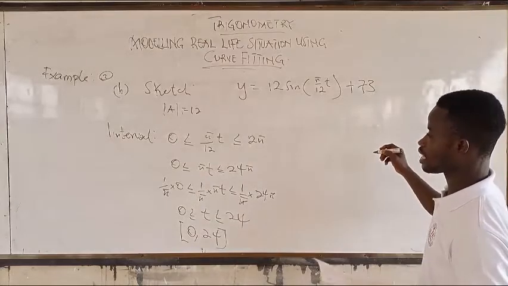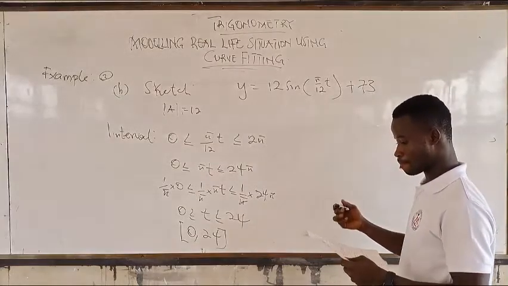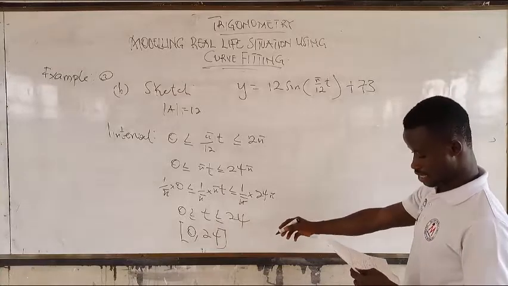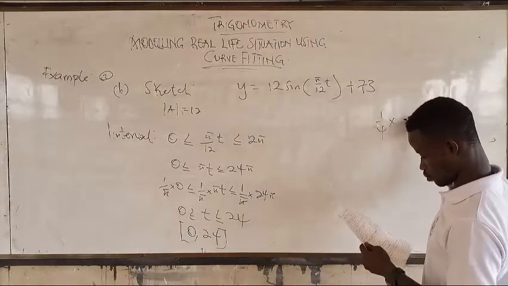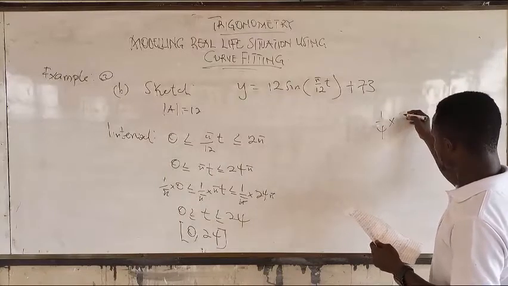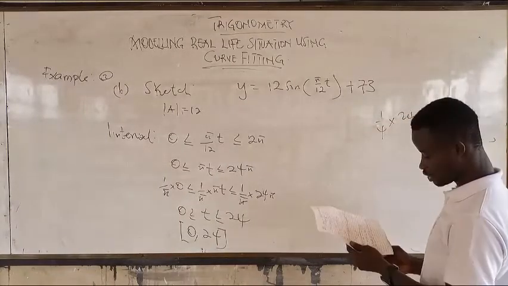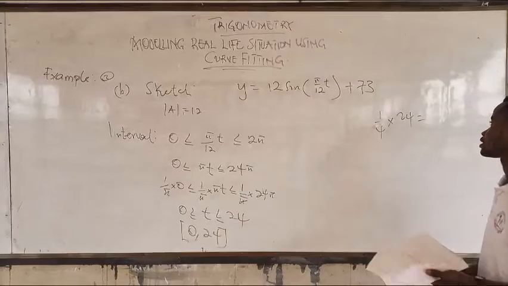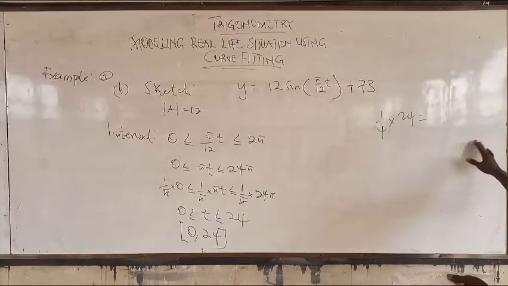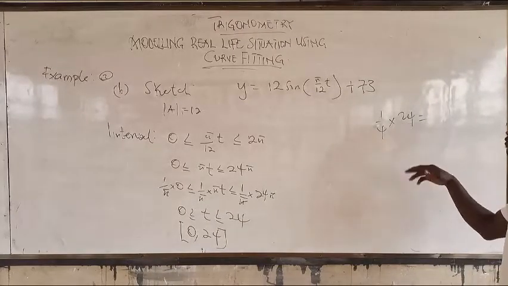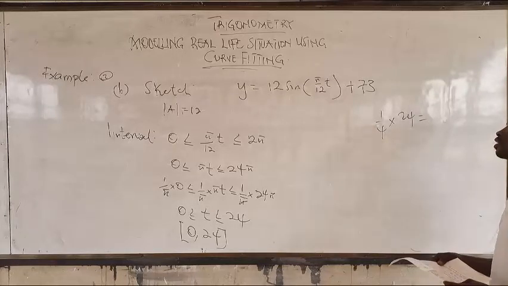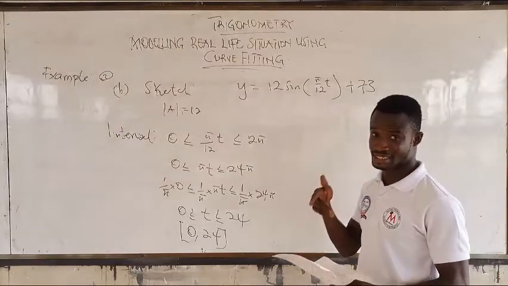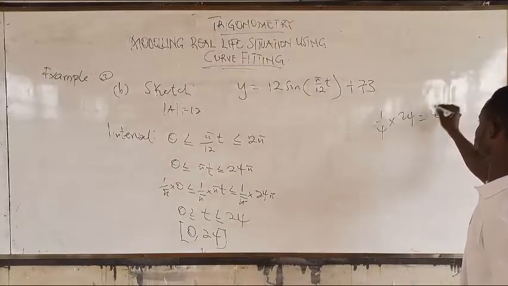So here we multiply 1 over 4 times 24, and what is this going to give you? That is 6.